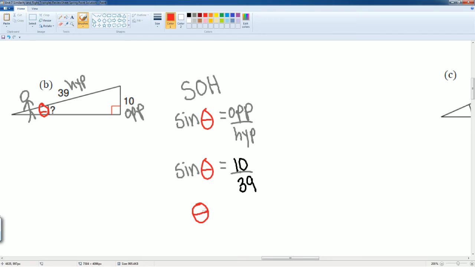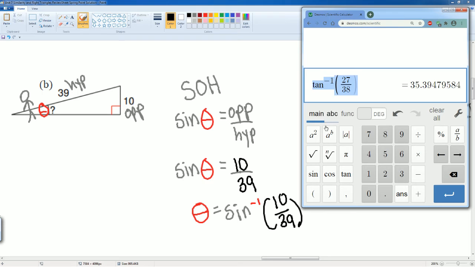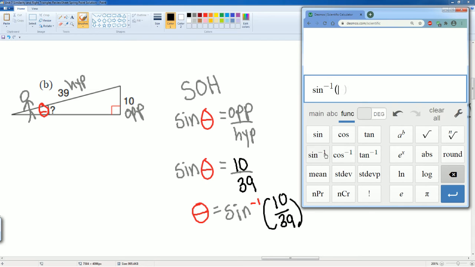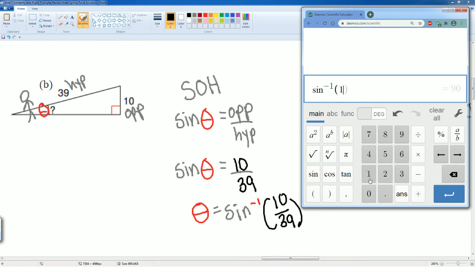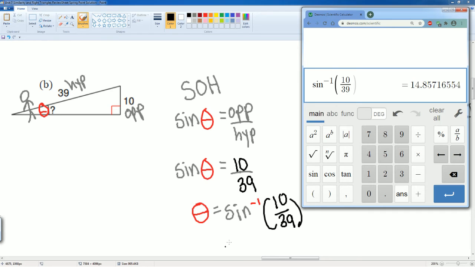So theta is equal to sine inverse, parentheses 10 over 39. That's going to require us to use our calculator. Hit function, sine inverse 10 divided by 39. That gets you 14.85. Rounding it to the nearest tenth, it should be 14.9.